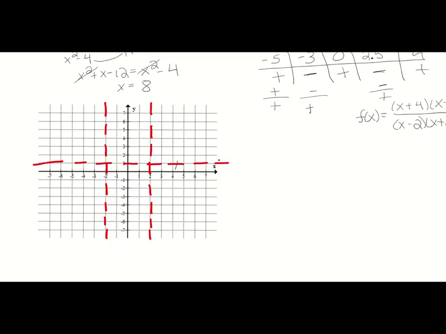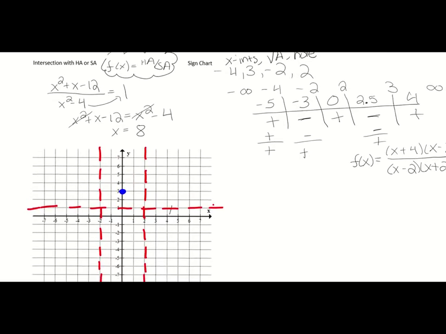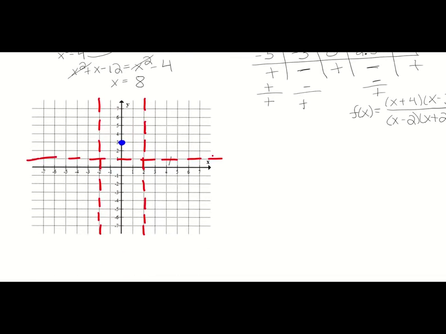And then we're going to plot our x and y-intercepts. So we had a y-intercept at 3. I believe the x-intercepts were -4 and +3. So we have one at -4 and +3. And we're going to have a cross of our horizontal asymptote at x equal to 8. So that's over here.